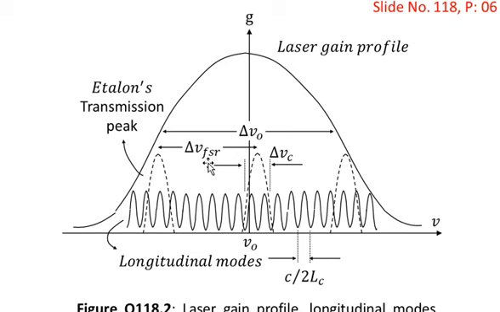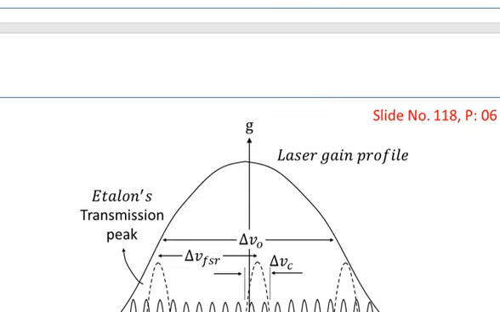But if delta nu FSR is even greater, or if delta nu FSR is of the order of delta nu naught, only one transmission peak will be lying within the laser gain profile, and only one longitudinal mode will be selected.